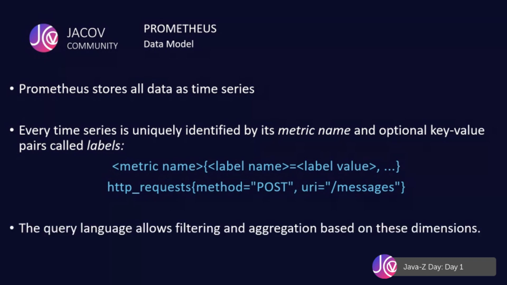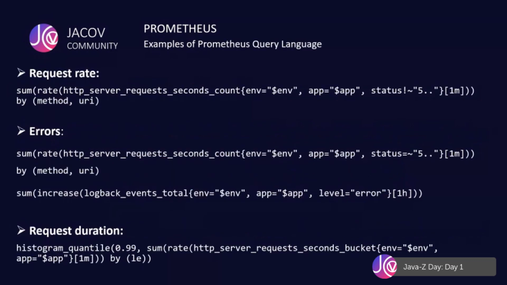The query language allows filtering and aggregation based on those dimensions. Prometheus provides a functional query language that lets the user select and aggregate time series data in real time. Here you can see examples of queries for request rate, errors, or request duration.